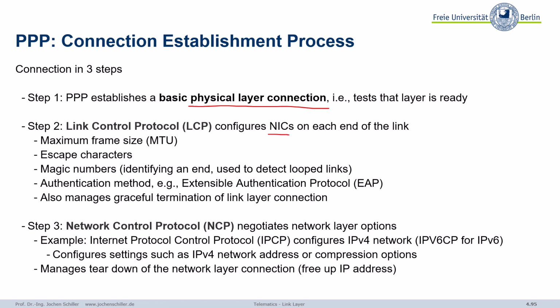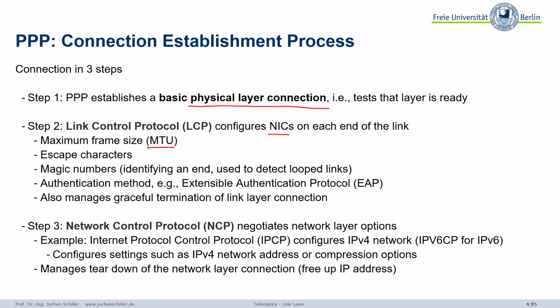What does it mean? Well, we have to agree upon the maximum transfer unit, the size of a maximum frame. Depending on the technology, we may have different maximum sizes. Why? The point is, for example, in wireless technologies, you have way more bit errors, transmission errors.